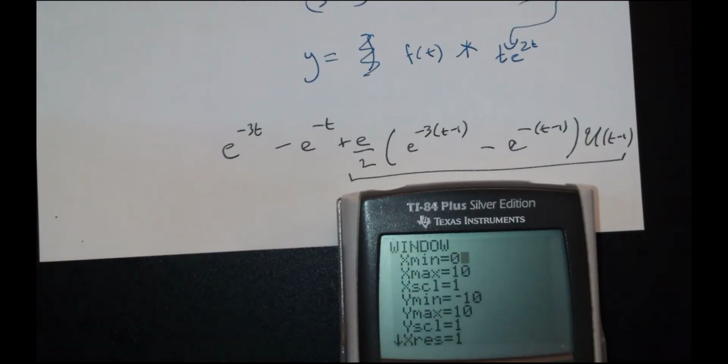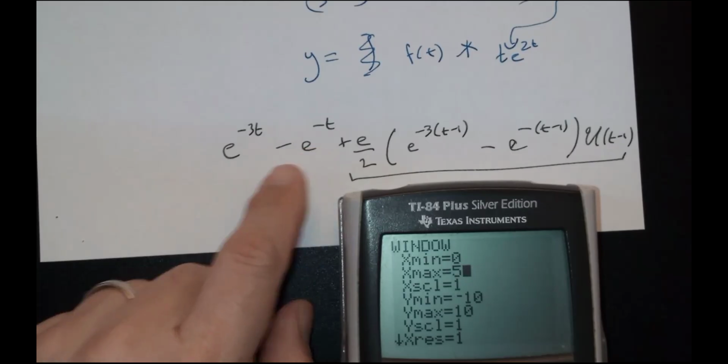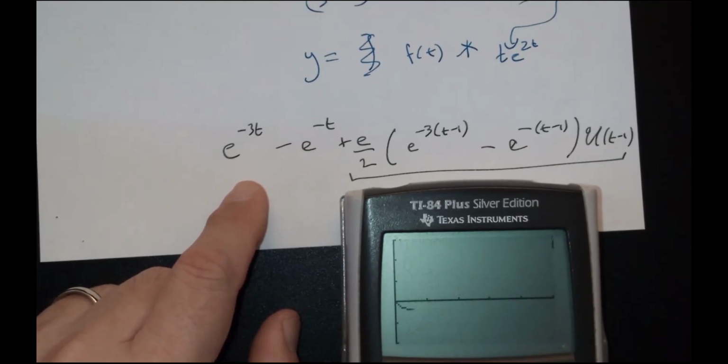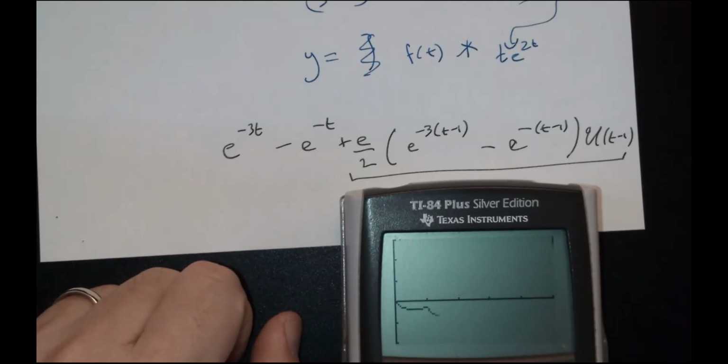I'm not sure I care about it less than 0, but let's only go from 0 to 5. And this is not going to be all that big. See how I did that sudden jump at 1? Yeah. There you go.